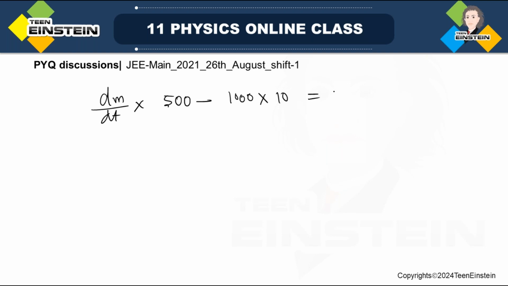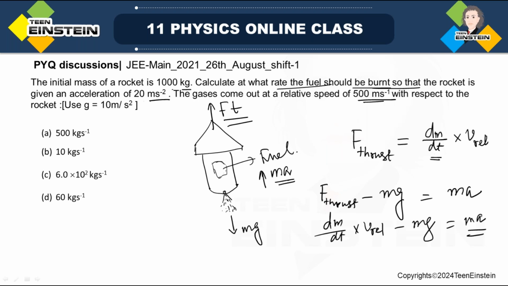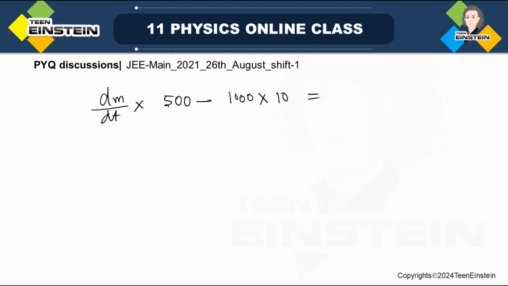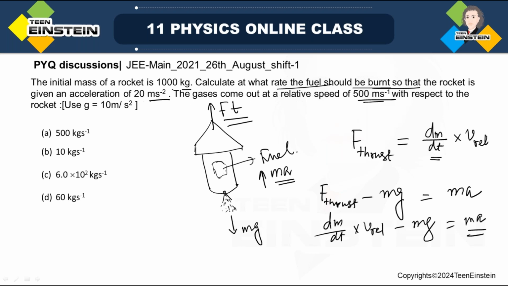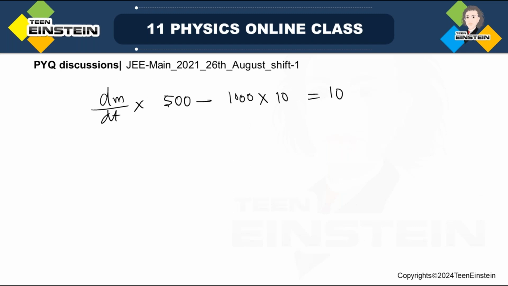This is equal to ma, the thrust given. The thrust is m into a, that is 20 meter per second square, and m is 1000 kg again here, and 10. So from here we can find out the dm/dt.